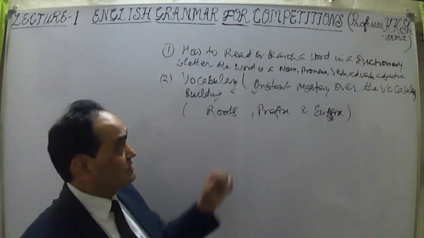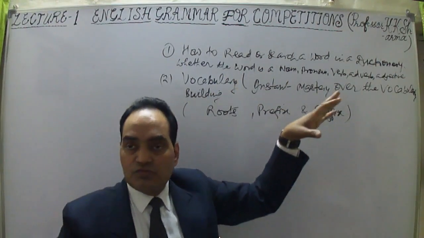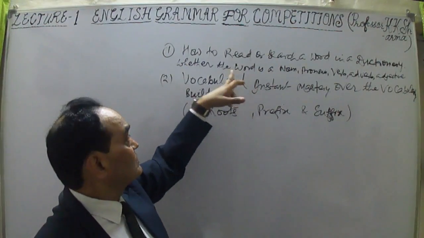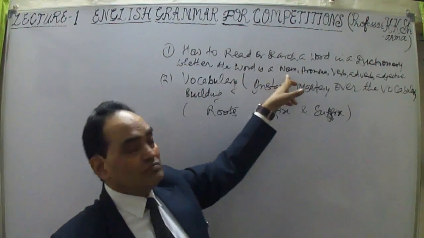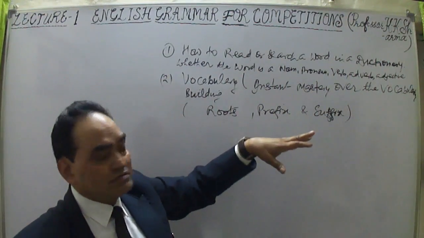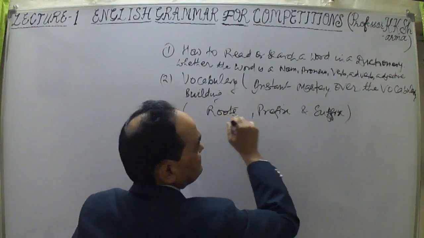So what kind of word we have to search in a dictionary, what part of speech that word is: whether the word is a noun, pronoun, verb, adverb, adjective, preposition, conjunction, or interjection.